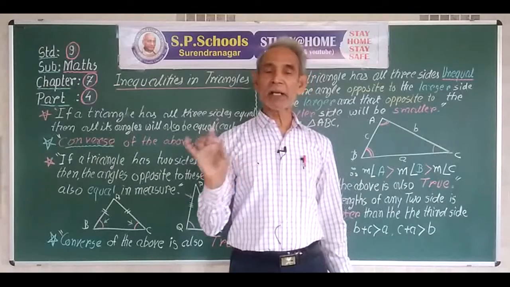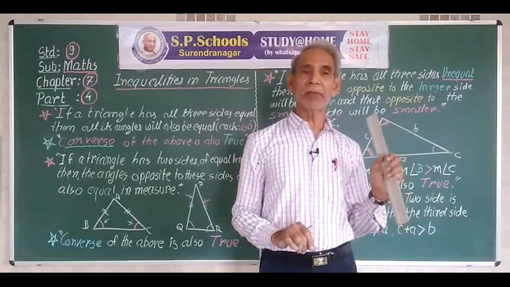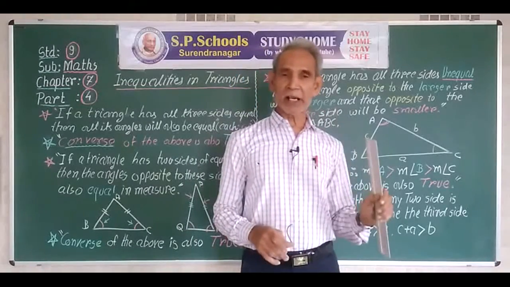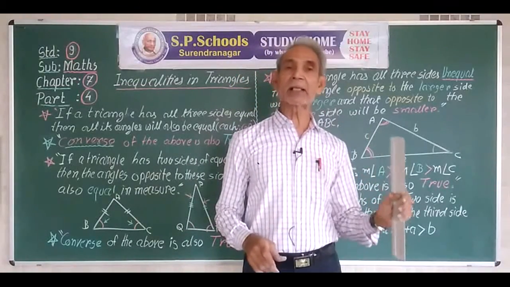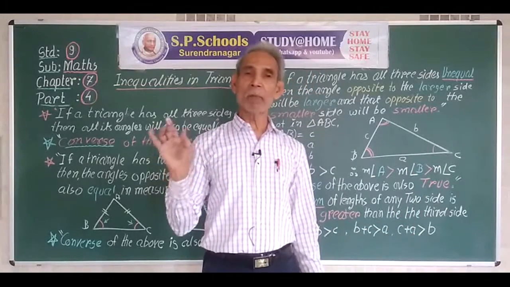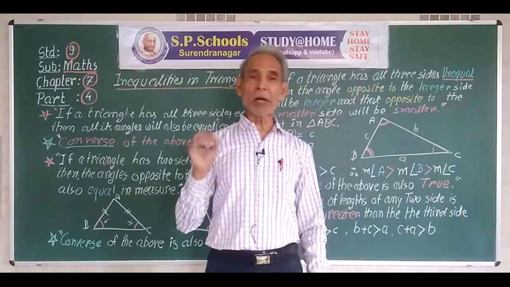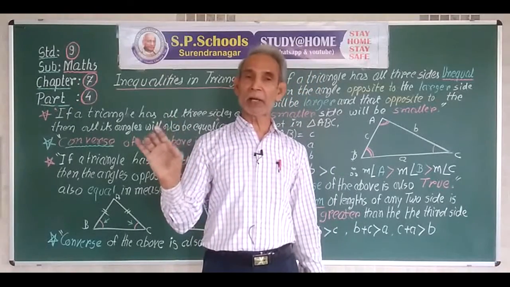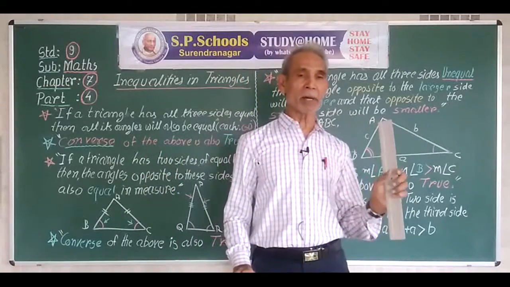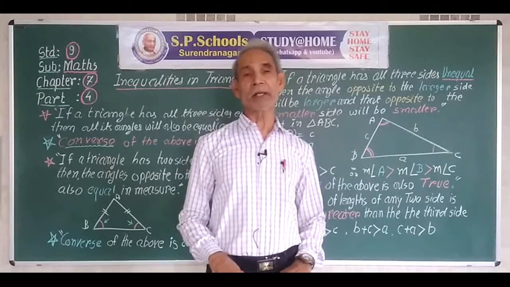Suppose the line segment is of 5 cm and the other line segment is of 10 cm. We can say that the line segment with 10 cm length is larger than the line segment of 5 cm. But if we consider the points in a line segment of 5 centimeters and points in a line segment of 10 centimeters, they are all infinite.